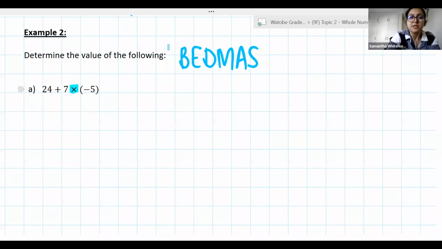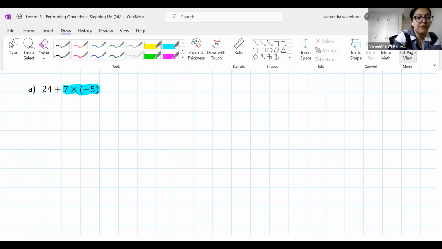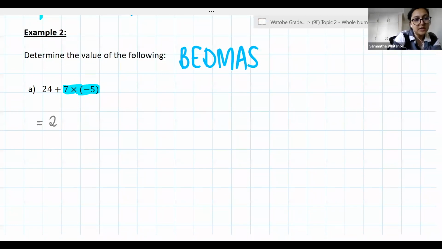To know which numbers to multiply, highlight the number on the right and the number on the left, and whatever you've highlighted is where you start. So we're going to start with 7 times -5. We'll leave the 24 and the plus there for now. We'll deal with that in a second. But now we're going to do our multiplication.